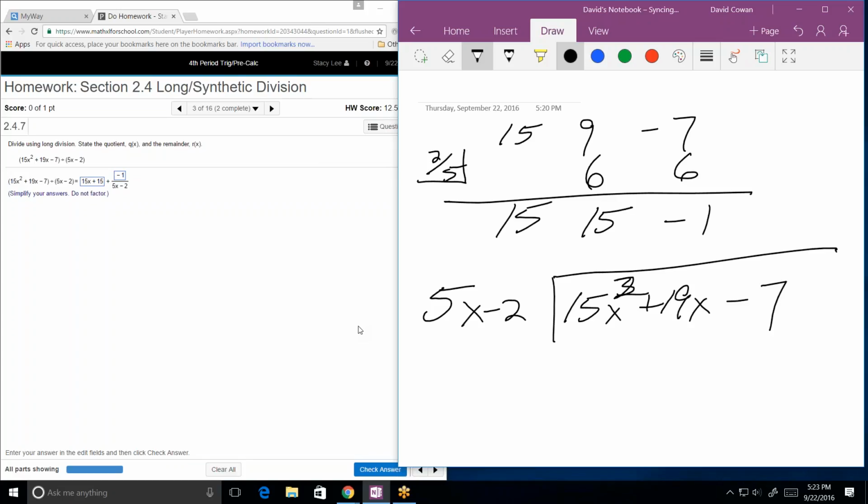Of course, the first term is 3x squared. Huh, interesting. So the first term is 3x squared. That gives me 15x cubed minus 6x squared. Hold on, let me back up.